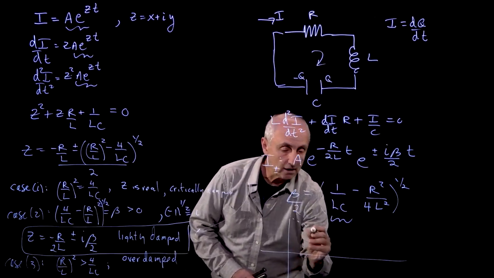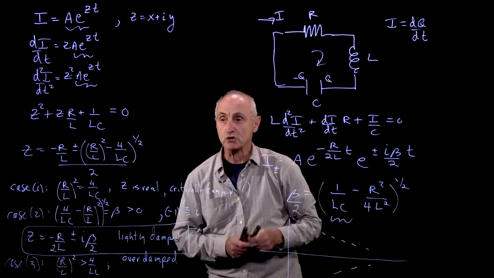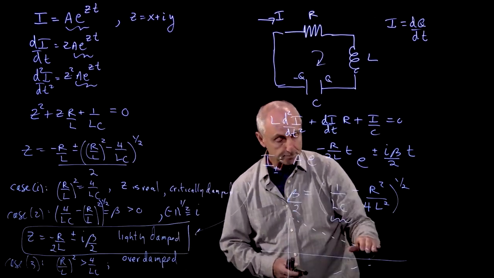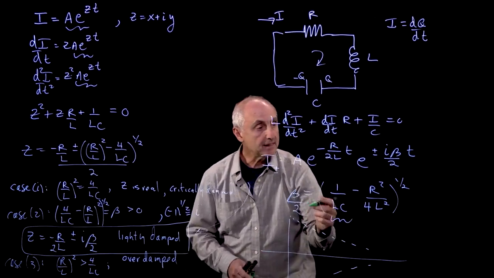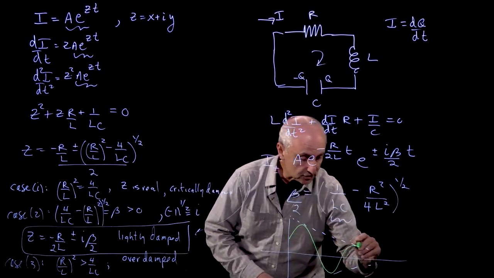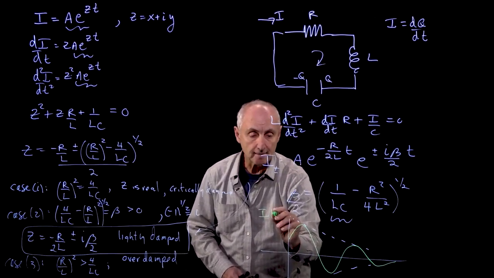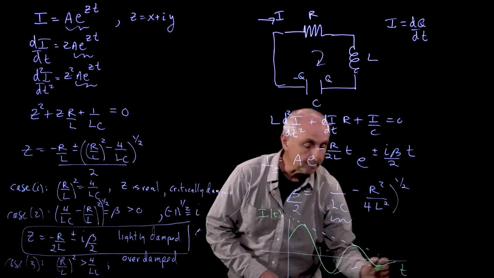And one way to write that is to put a little exponential envelope. Then depending on where we start, our oscillations are damping down. So we're looking at the current as a function of time.